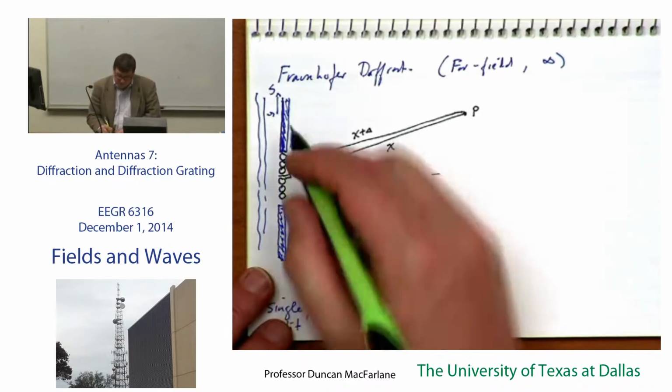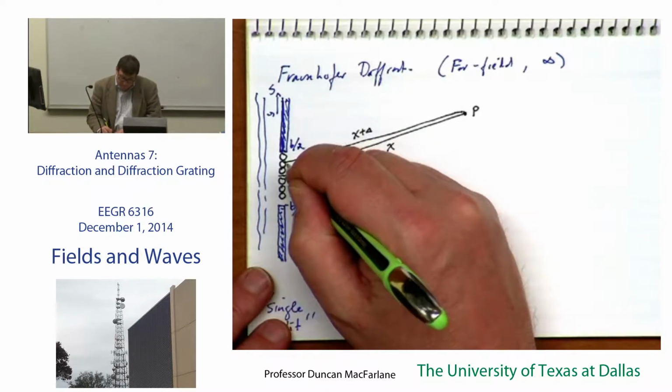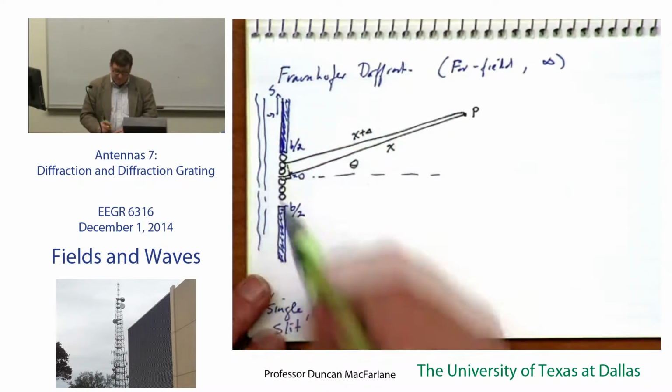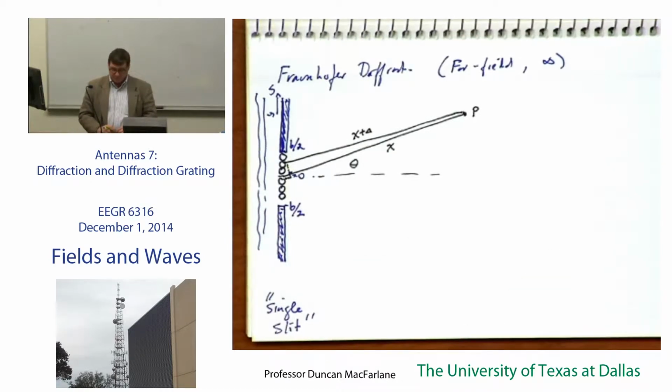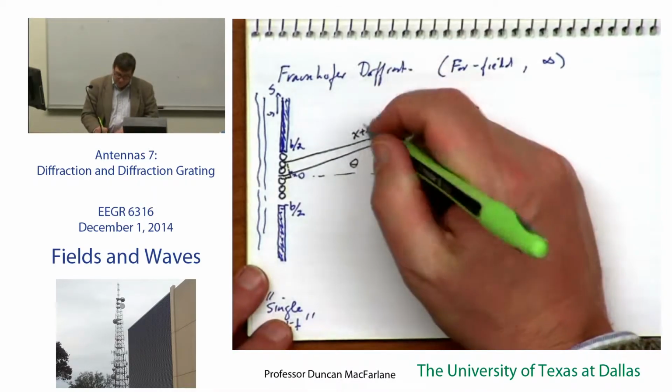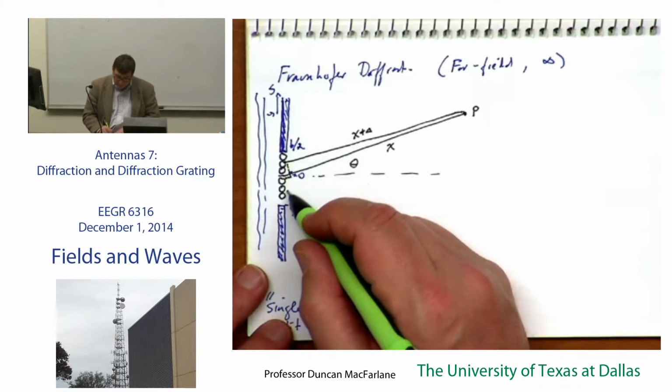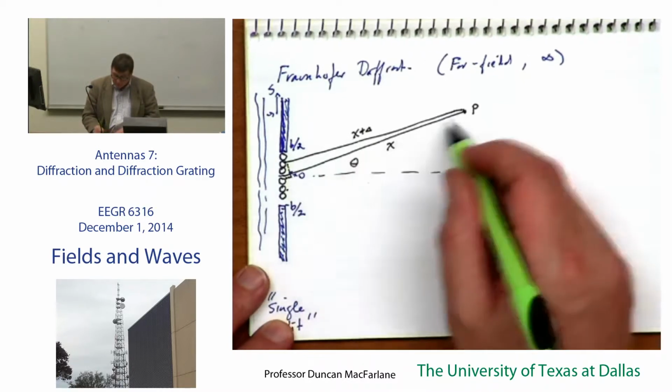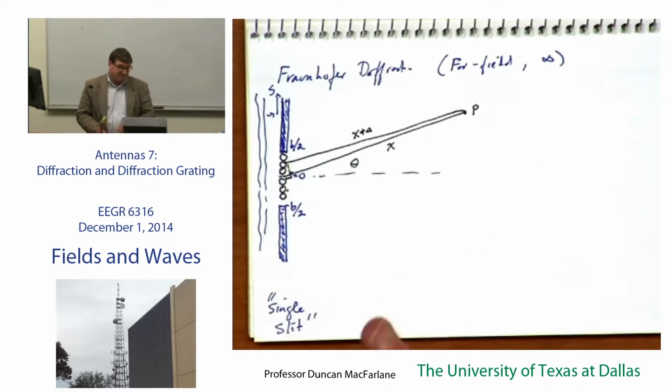And that delta is given by the relative distance there. Actually, I guess this would be minus delta, and the one from below it would be a little bit longer, and that would be the x plus delta.